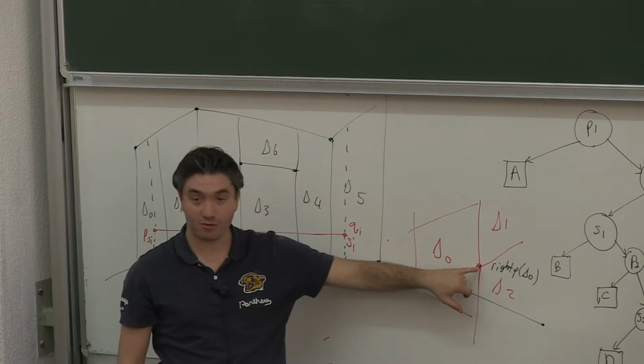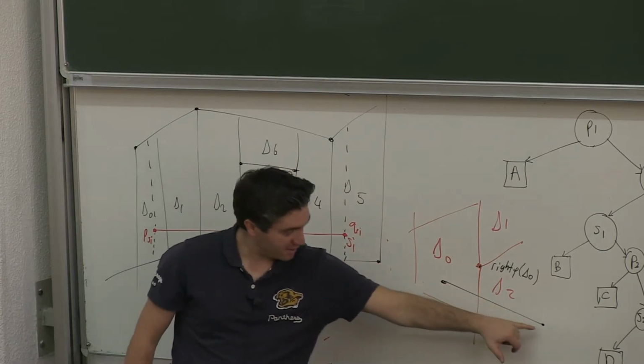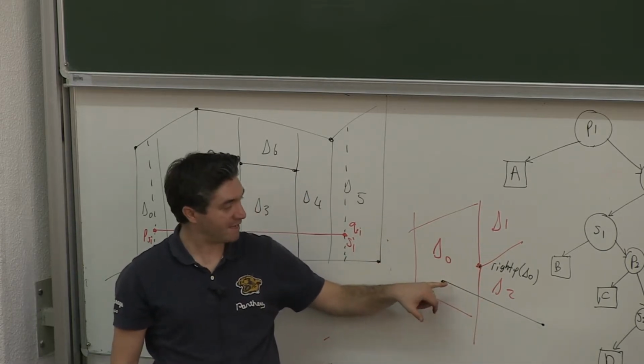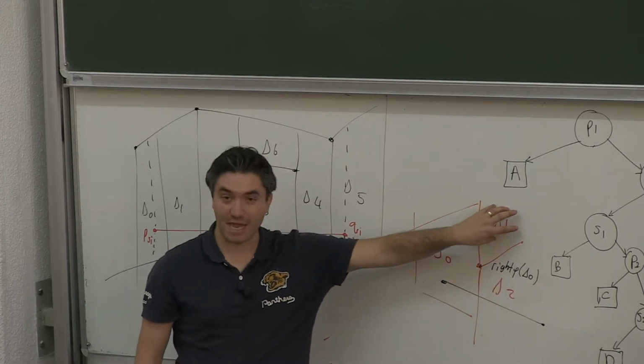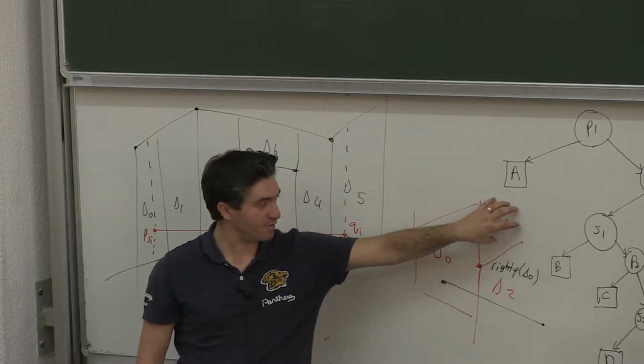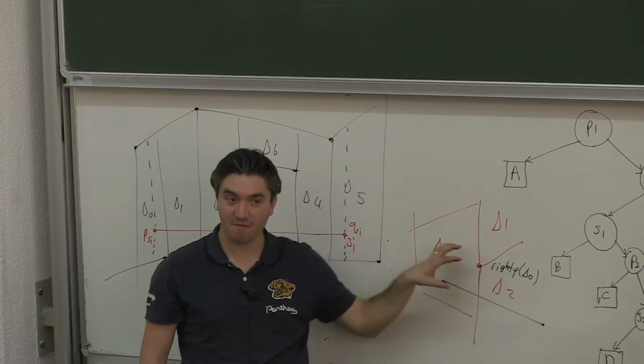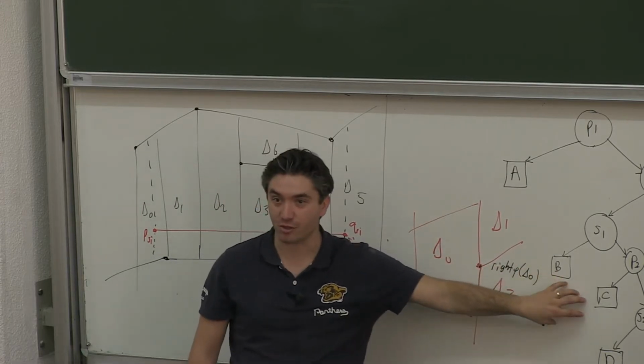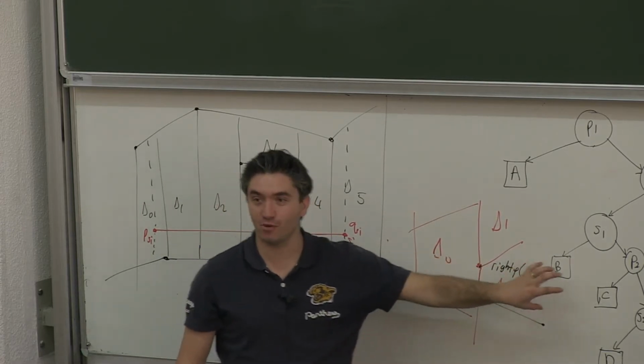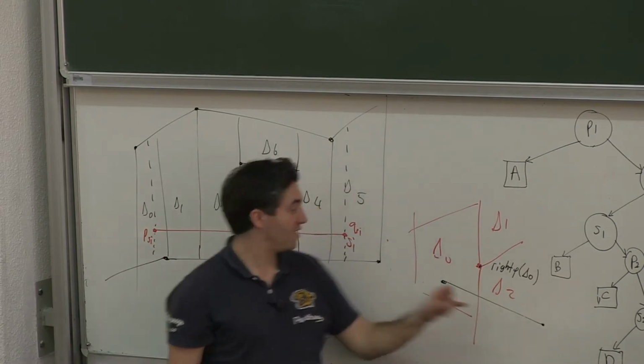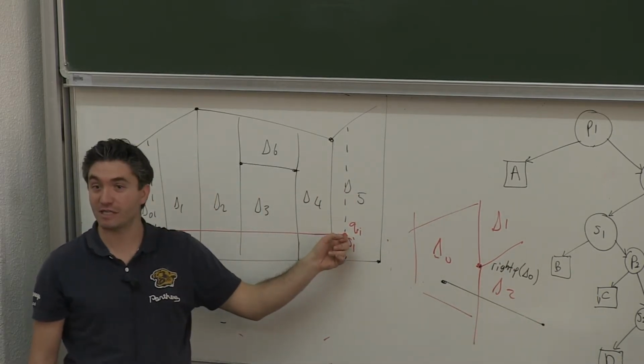By comparing this right point with the newly inserted segment, we can find which of these neighbors, either the upper right neighbor or lower right neighbor, will be the next trapezoid intersected. So we follow these trapezoids until we reach the right endpoint of the newly inserted segment.